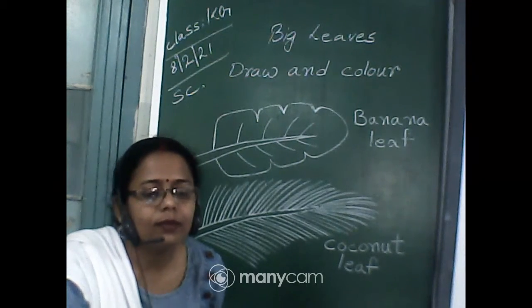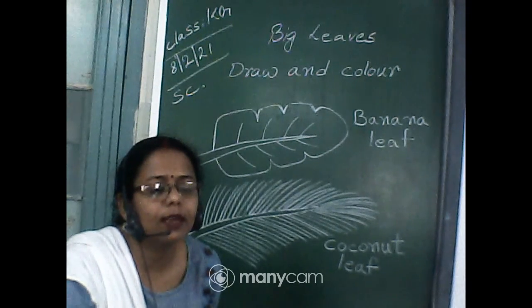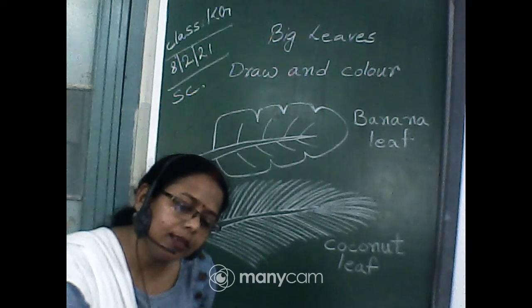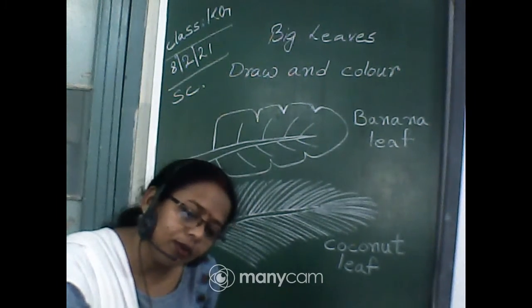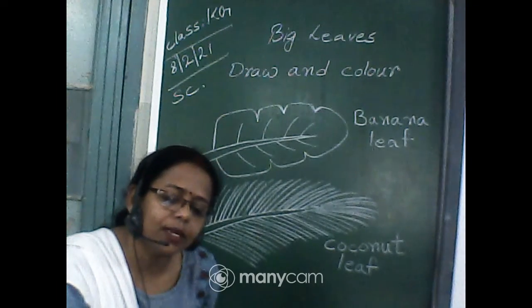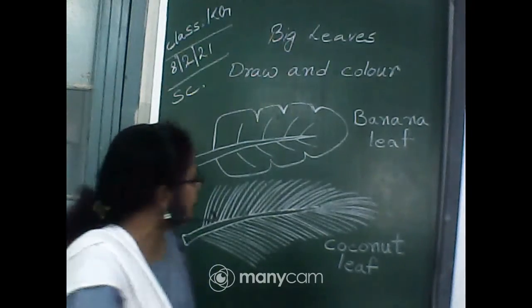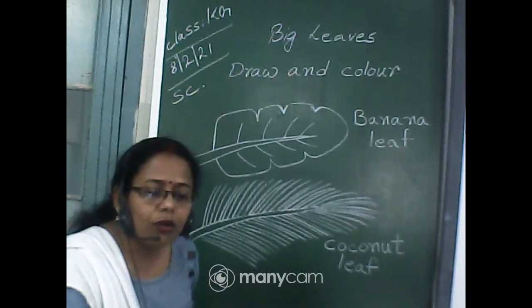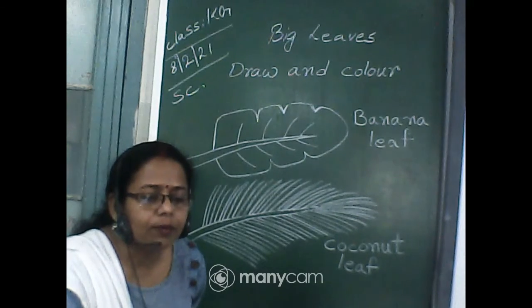Very good. Excellent. Come on. Next, I can see one more. That is Orghomondol. Orghomondol, excellent. Beta, just coconut leaf, you have to just draw these spines a little bit more. Okay. Orgho, just do it a little bit more.